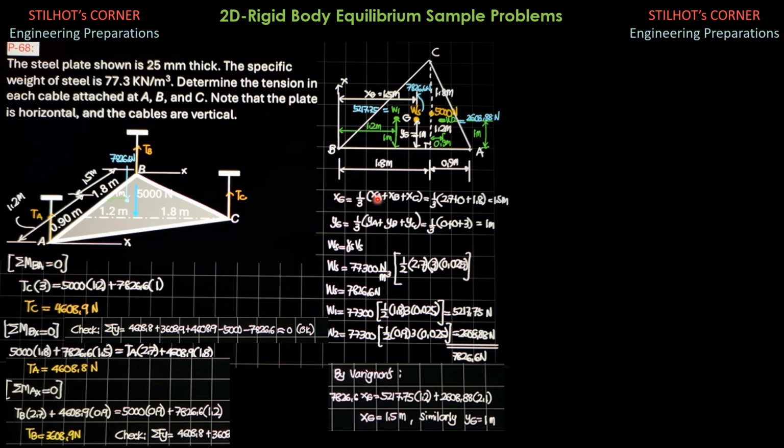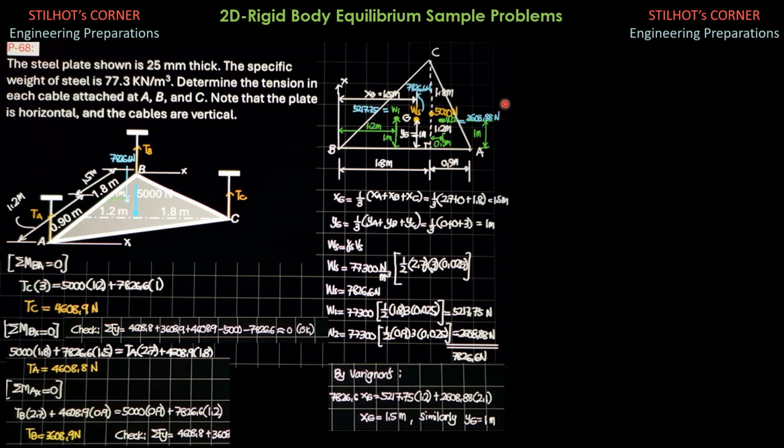And if you want to see the derivation of this formula, you just look in my playlist on Vitamath, and find the derivation of this centroidal formula for triangles only. This is not applicable for quadrilaterals.